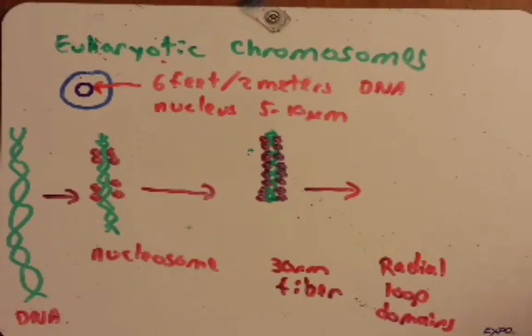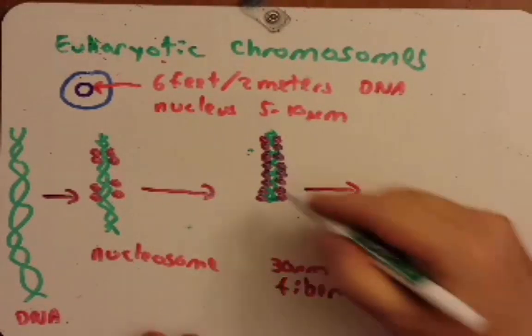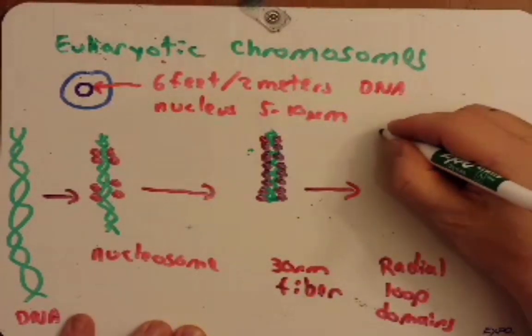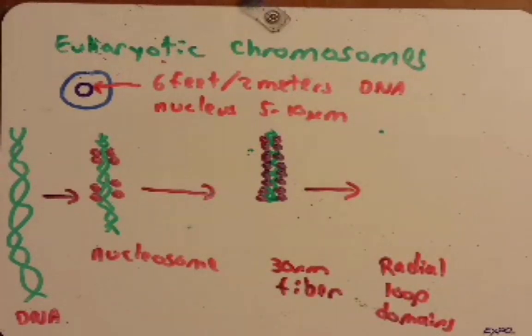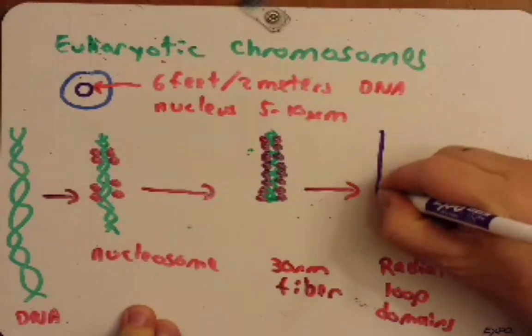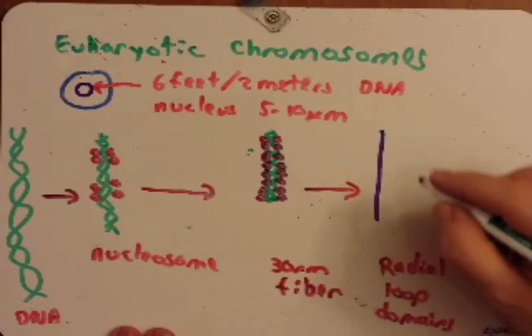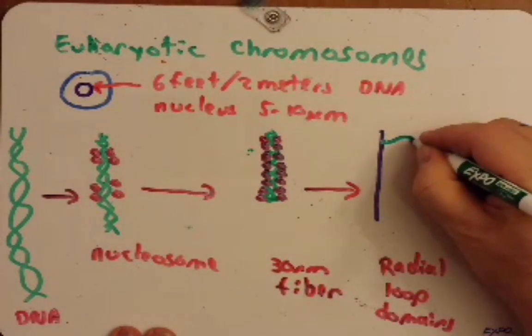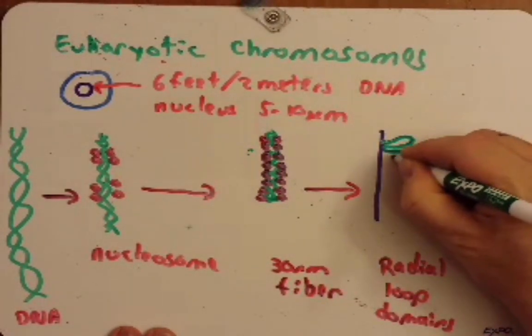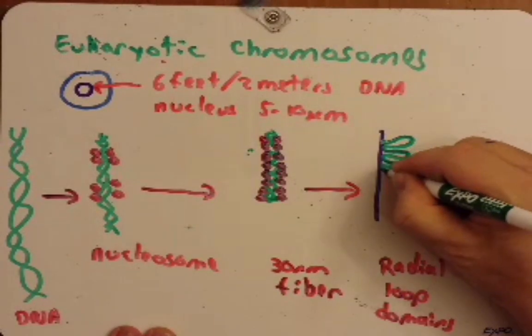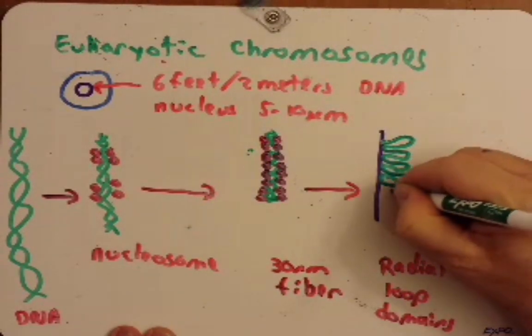Now I'm going to draw a much larger piece of DNA beyond what we see here. Essentially what we're going to have here is proteins that we call scaffolding proteins. And these loops of DNA that are in the 30 nanometer fiber form will now begin to fold up on it, attaching to these scaffolding proteins.